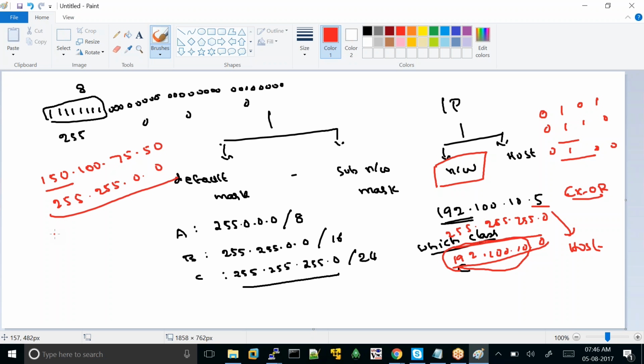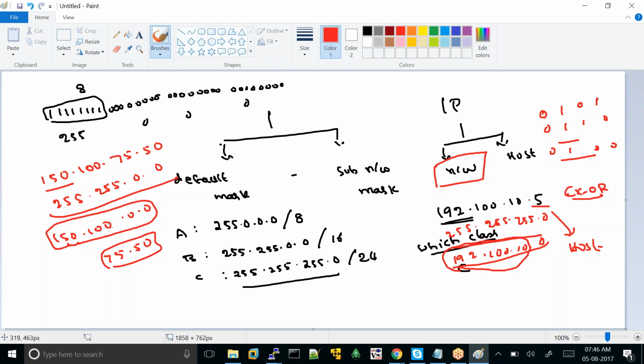Applying the mask, the network part is 150.100.0.0 and the host part is 75.50. This is the way you can identify the network address and the host address, and for all the IP schemes you can apply it this way.